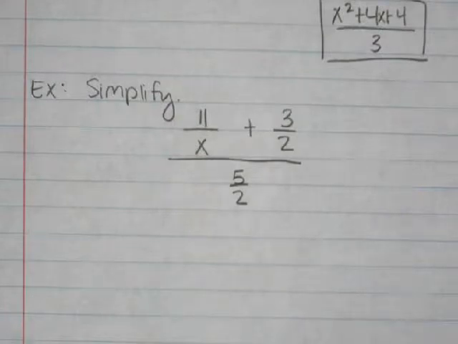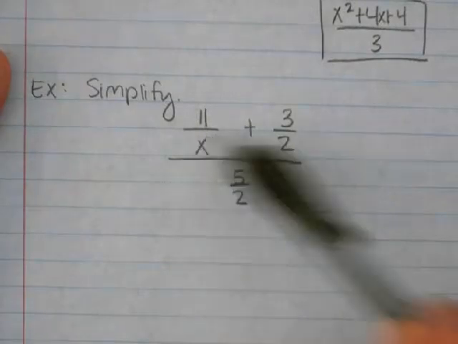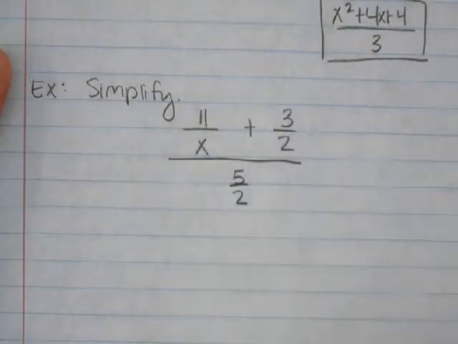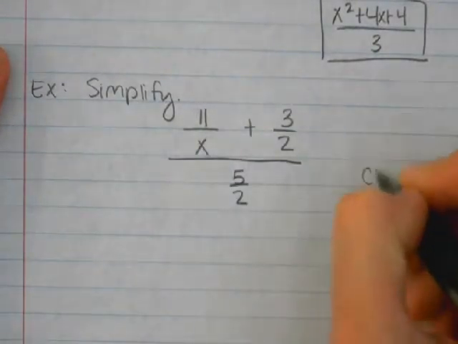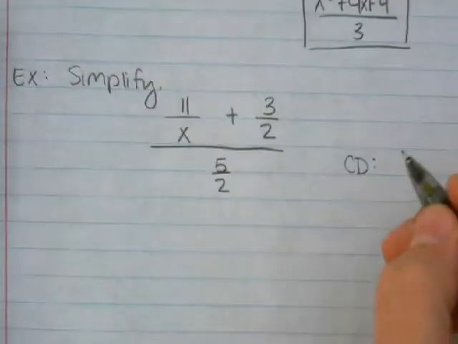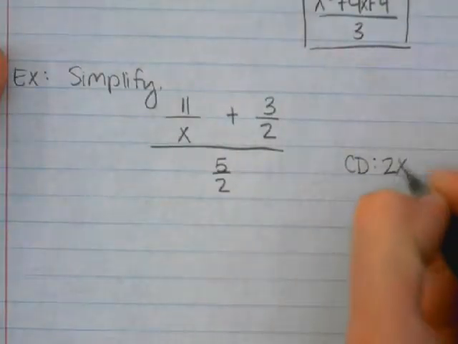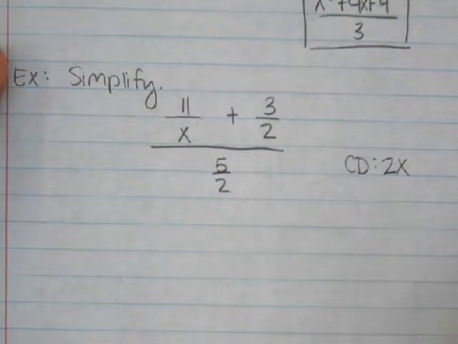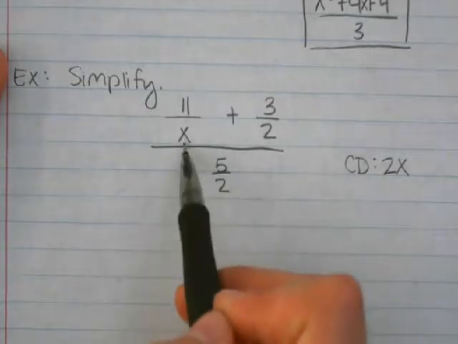So this process only works if you find a common denominator between all of your denominators. So what is the common denominator between all of our denominators? 2x. You can add an x to the bottom. So the first one has an x.